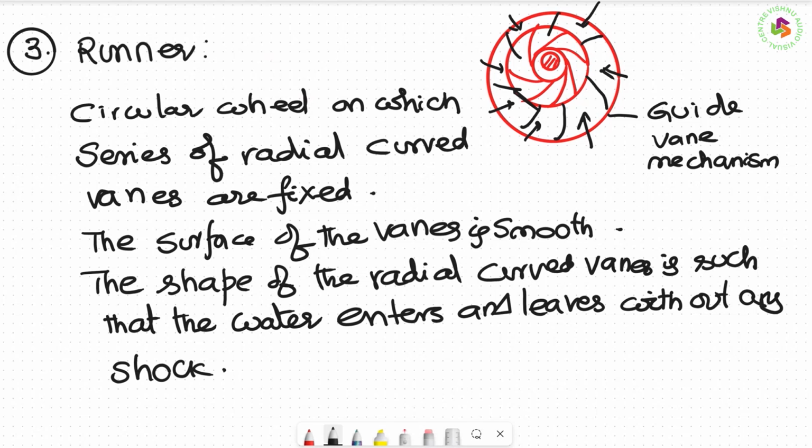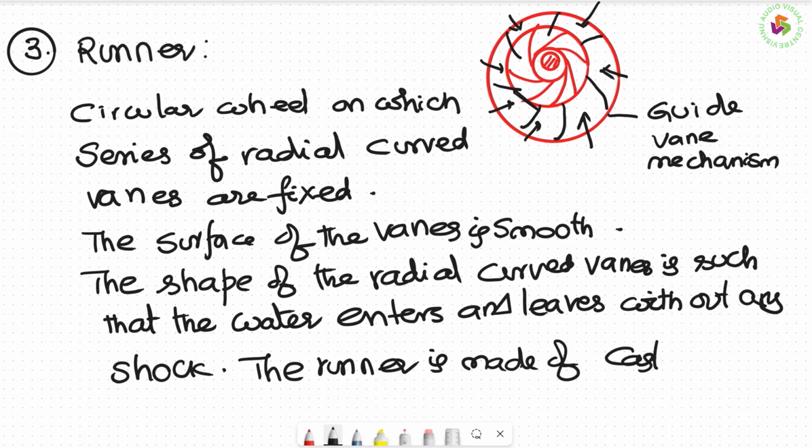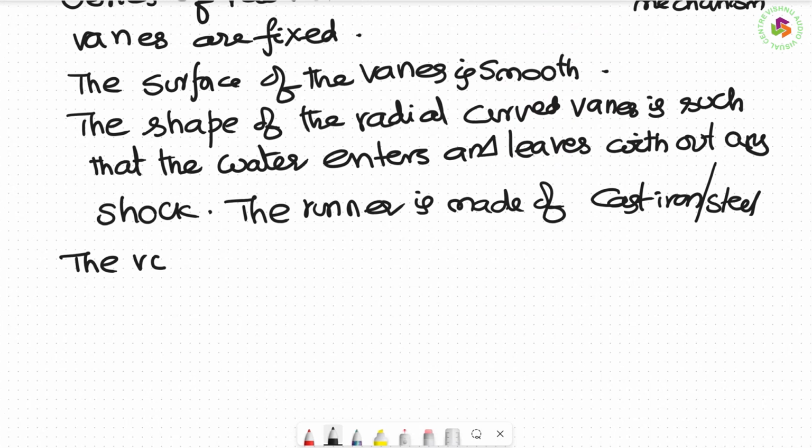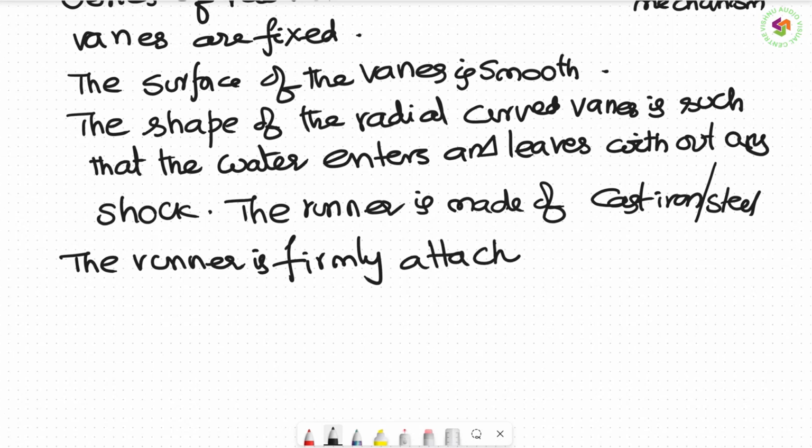And the next one: the runner is generally made of cast iron or steel. This is the general case. And the runner is firmly attached to the shaft. So this completes the third part.